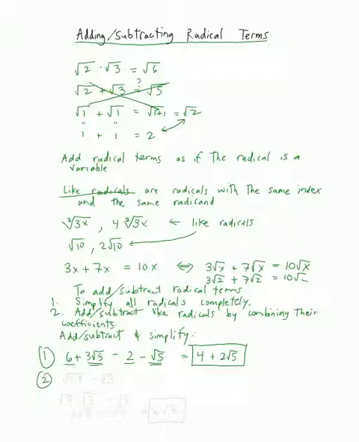Okay, let's try another one. How about the square root of 27 minus the square root of 3? Well, before we say that we can't combine these, which we can't right now, notice that the left radical is not simplified. So let's recall how to simplify radicals. We take the 27 and we rewrite it as a nice piece and a leftover piece.